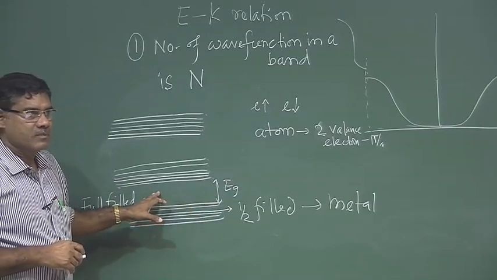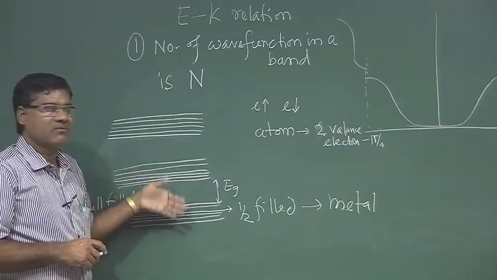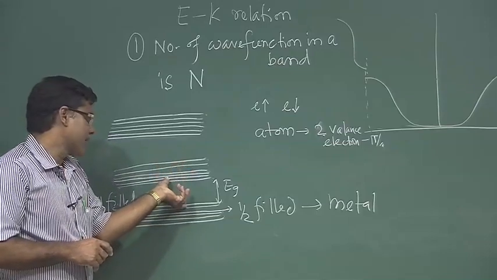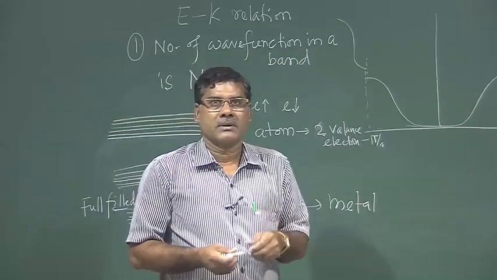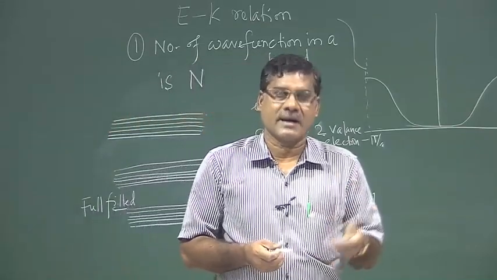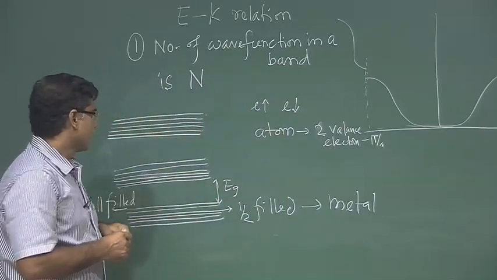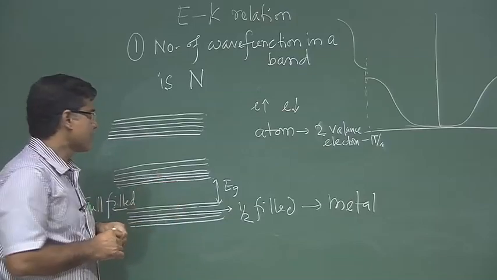Okay. Now, to get a free electron, the electron has to move into another band, and that is only possible if the band gap is small, comparable to room temperature or slightly higher than room temperature. Then it will behave like a semiconductor.